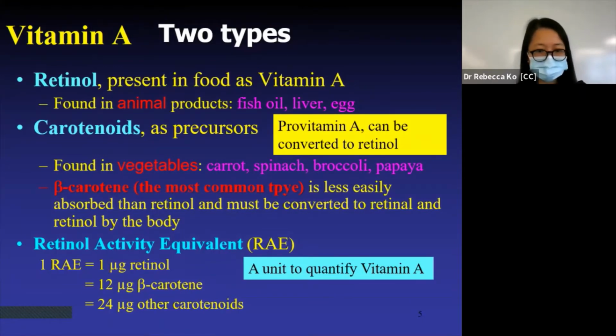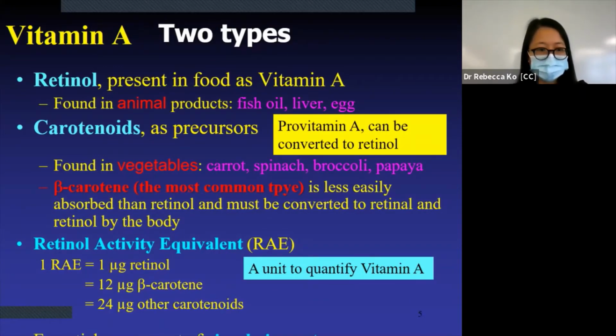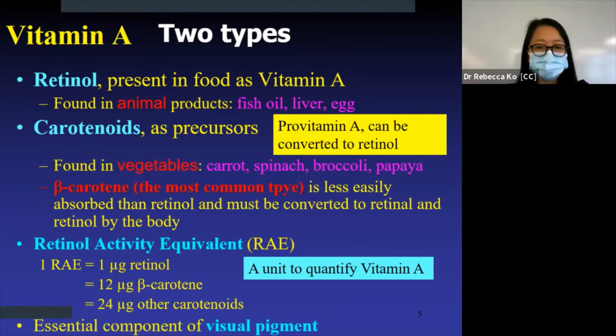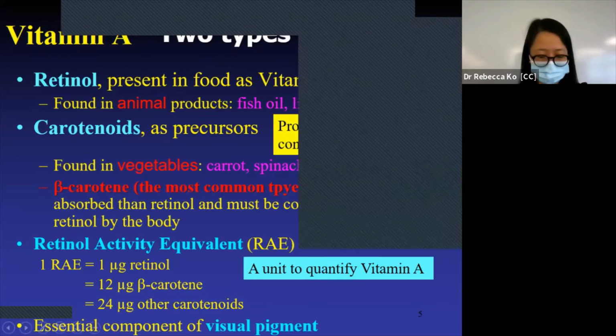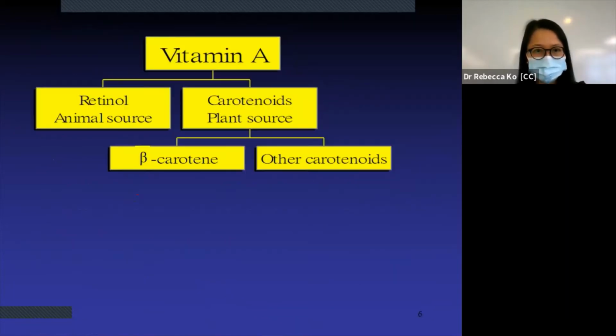And now, vitamin A is quite essential for the visual pigment, and we need it for seeing, right? Now let's have a summary.